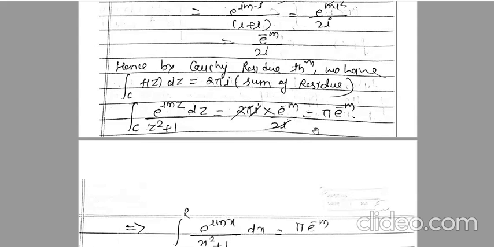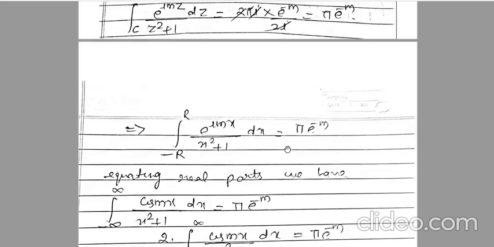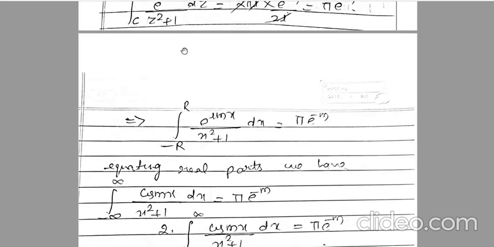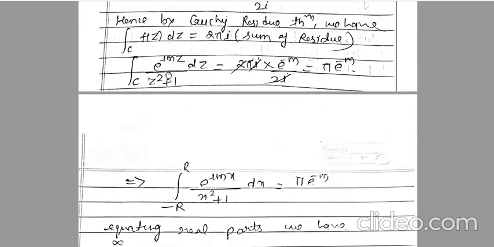The 2i cancelled out. So you have pi into e to the power minus m. Now, our limit is minus infinity to infinity or 0 to infinity. So we need to convert this integral into 0 to infinity form.